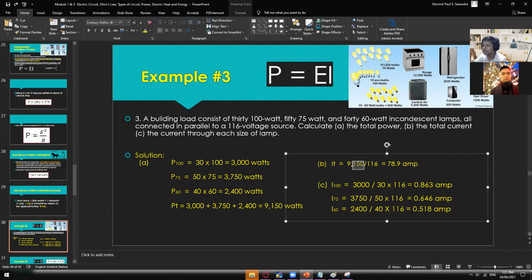P is 9,150, which is the total power, and 116 is the total voltage. So you will get 78.9 amps.